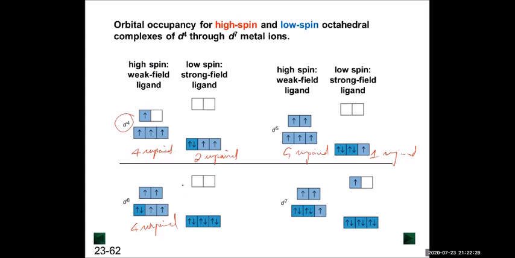So in the end, all are paired, and there'll be 0 unpaired electrons. For 0 unpaired electrons, the magnetic property has a name: when all the electrons are paired, we call it diamagnetic. Diamagnetic means slightly repelled by the magnetic field.